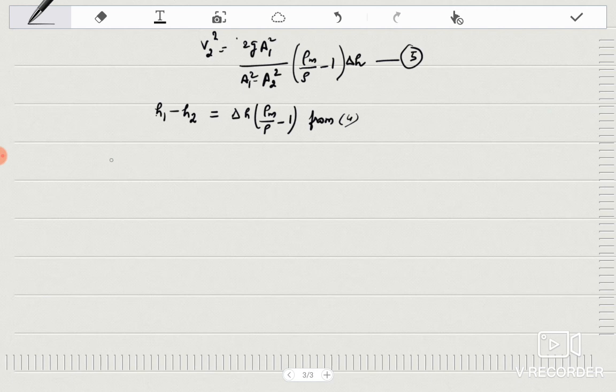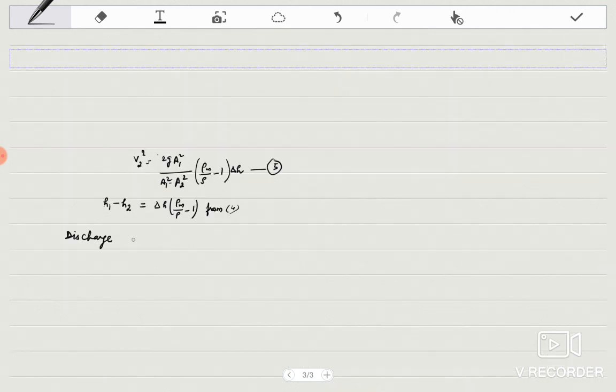And if I want to find the discharge, discharge means Q is equal to AV, A2V2 in this case, because for discharge we multiply the velocity by the cross sectional area.